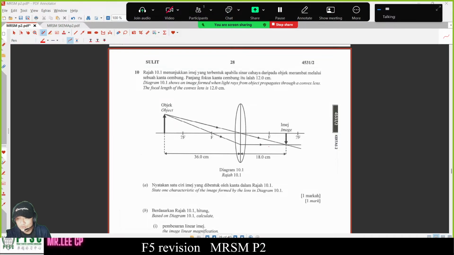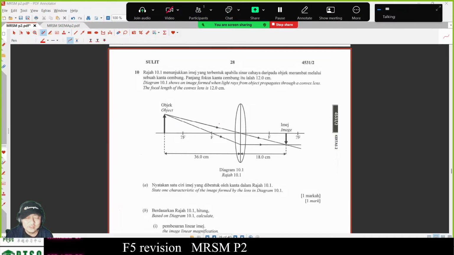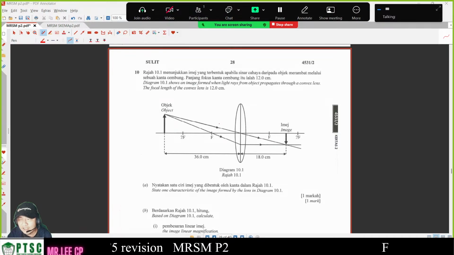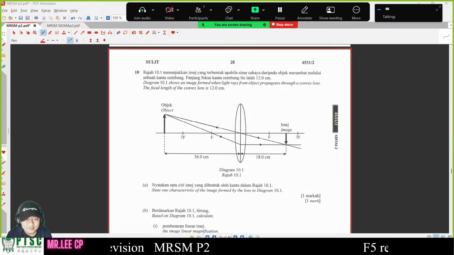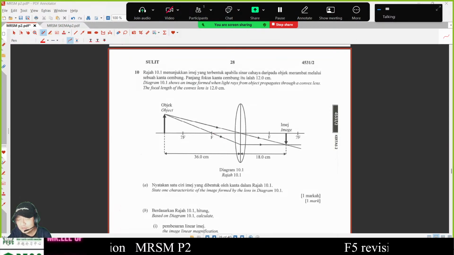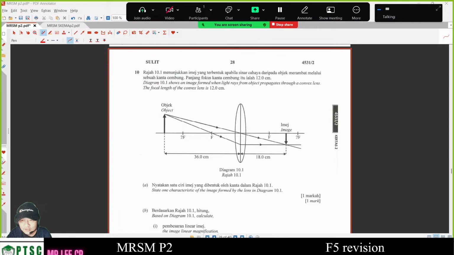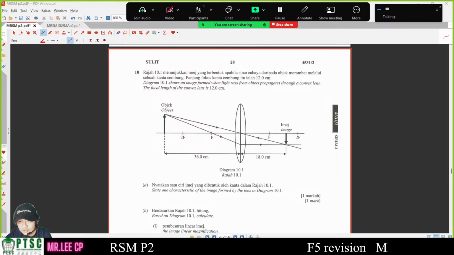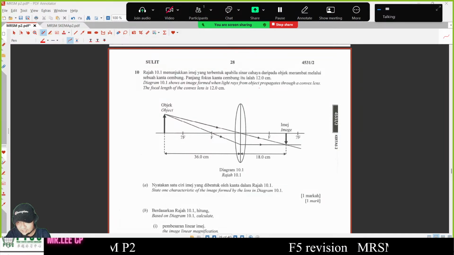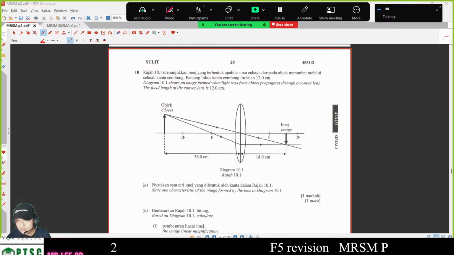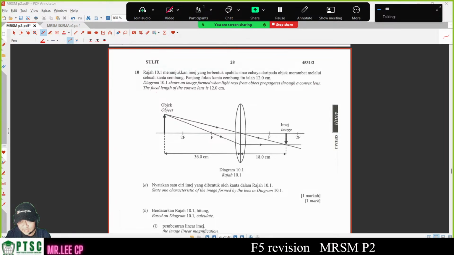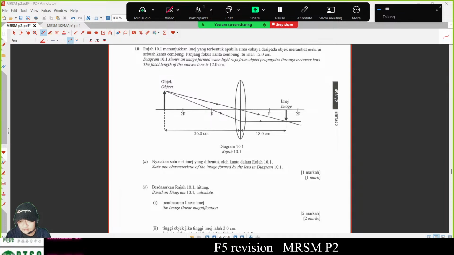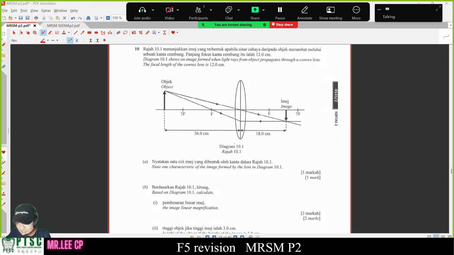This question, to be honest, like I always advise you, not to do it. But anyhow, I'm going to do it right now. So diagram 10.1 shows the image formed when the light ray from the object propagates through the convex lens, and the focal length of the convex lens is 12.0 cm. State 1 characteristic of the image formed in 10.1.